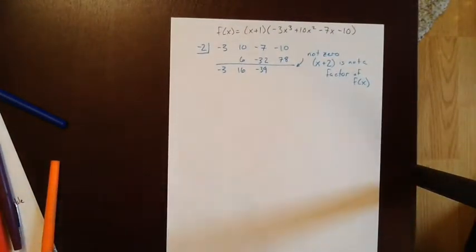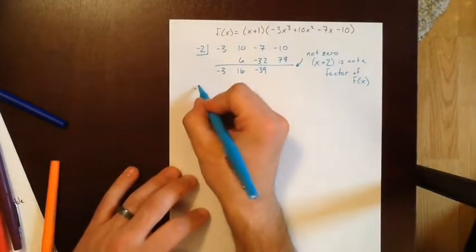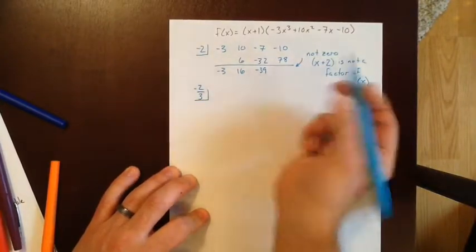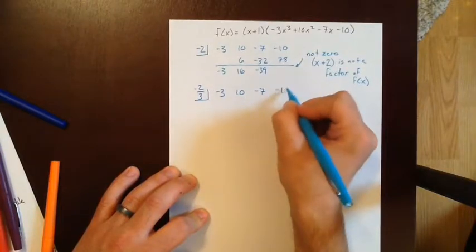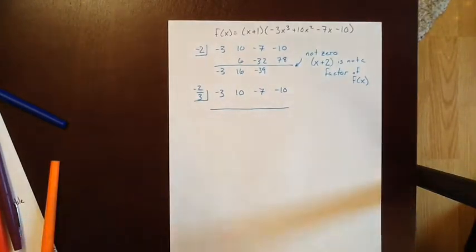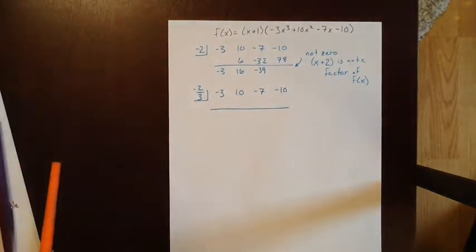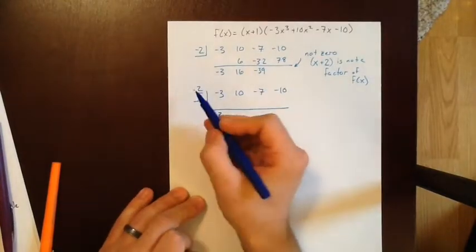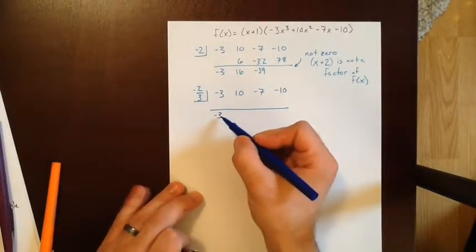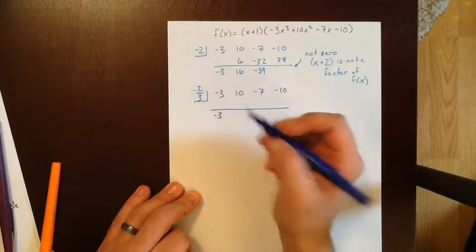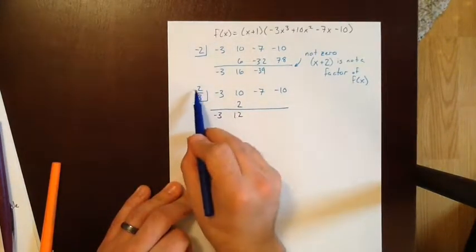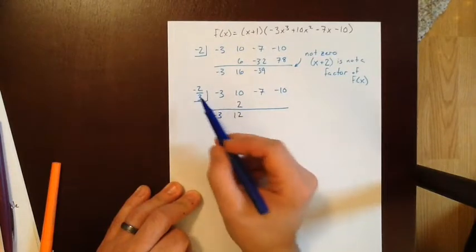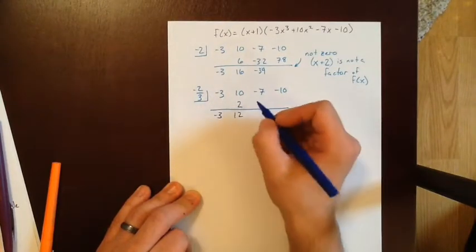Let's just try another one. Let's try -2/3 from our list. Okay, so -3, 10, -7, -10. I'm thinking drop down the -3. -2/3 of -3 is +6/3, or just 2. 10 and 2 give us 12. -2/3 of 12 is -24/3, or just -8.